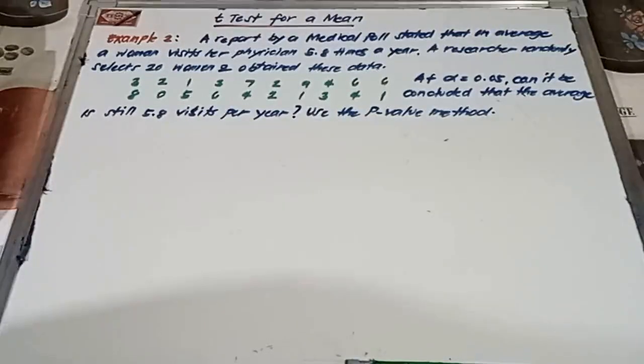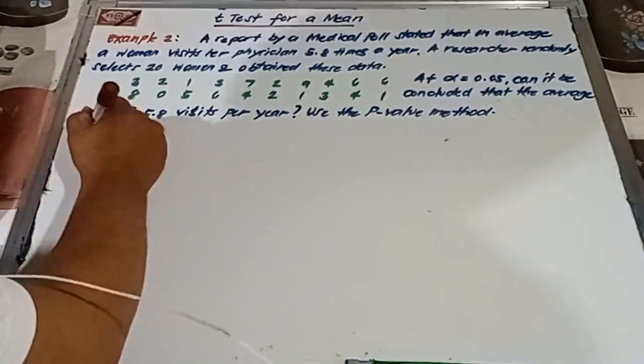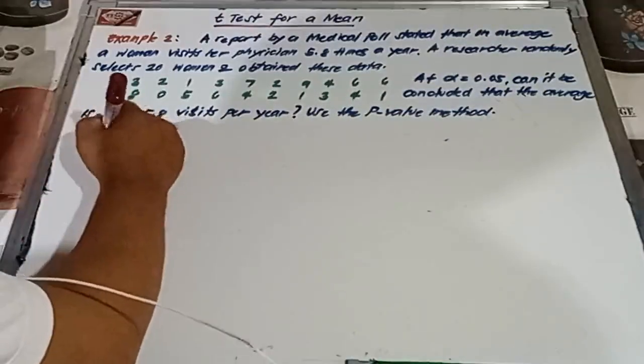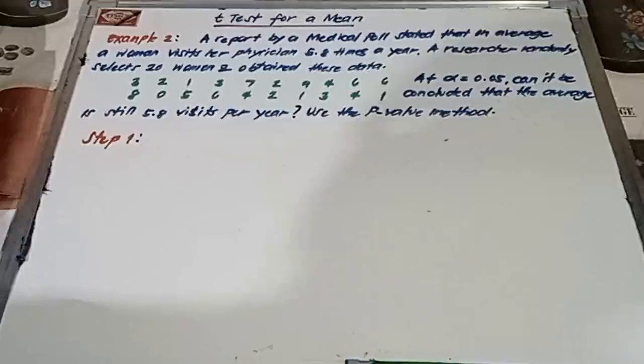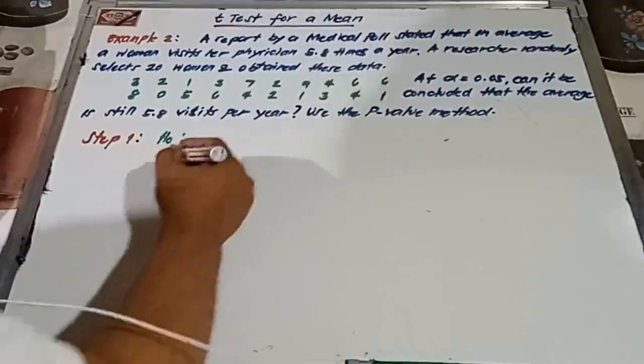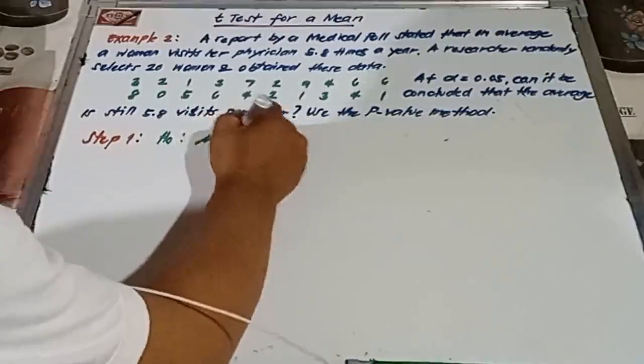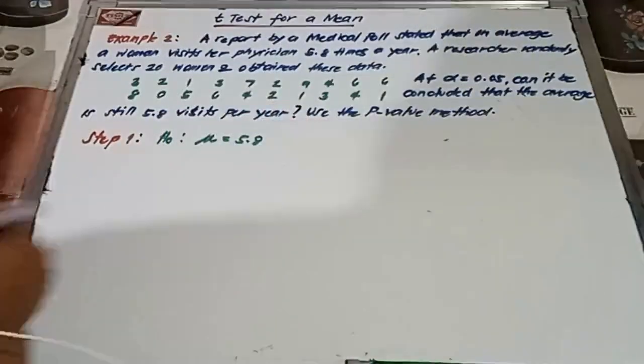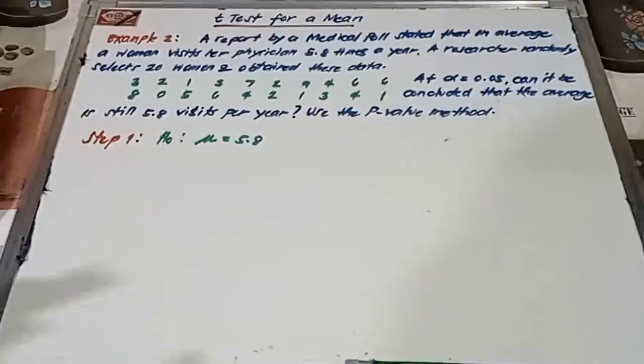Okay? So, ang ating step 1 is to state the hypothesis. For our null, we have no difference, meaning still 5.8 pa rin ang kanyang average visits sa kanyang physician.